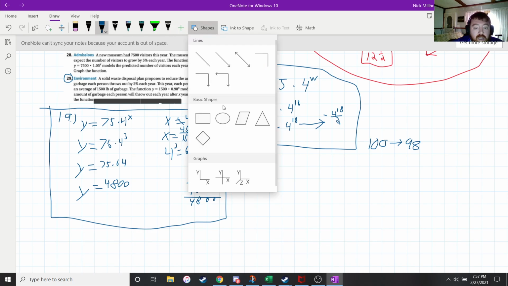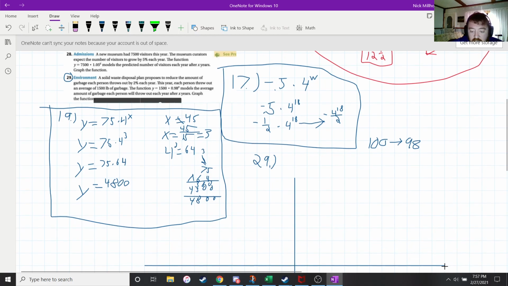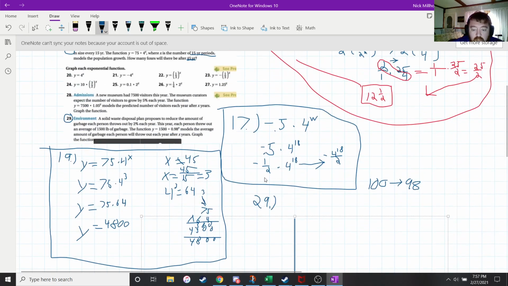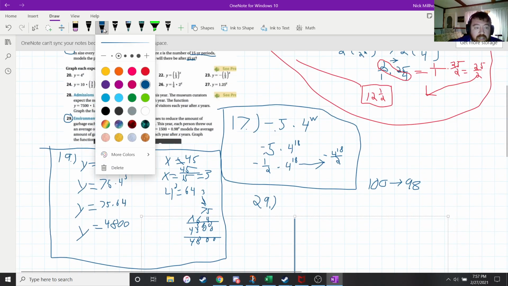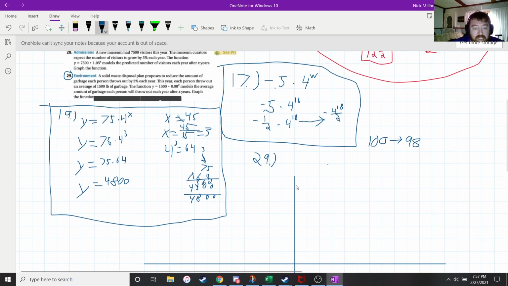So I'm going to put an x and a y here. I'm just going to do a very quick graph. It won't necessarily be super accurate, but if x were to equal 0, then we would have 1,500 times 1.